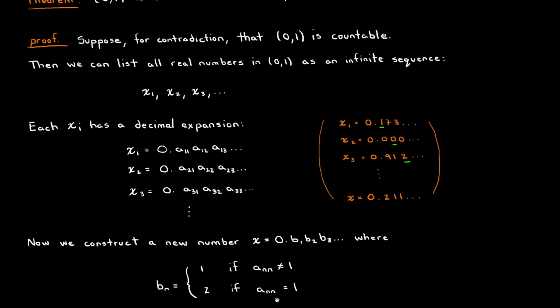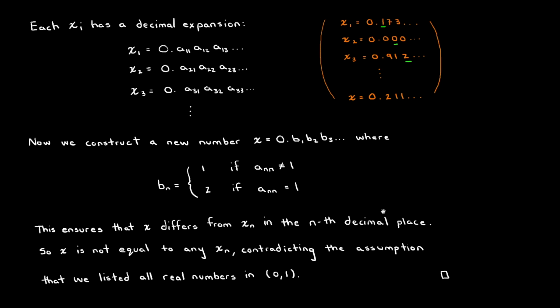In this case, that digit happens to be a 1, so we put a 2. Then we look at the second digit of the second number. In this case, it's a 0, which is not 1, so we put 1 here. Then we look at the third digit of the third number. It's a 2, which is not equal to 1, so our rule tells us that we need to put a 1. And we go in this manner.